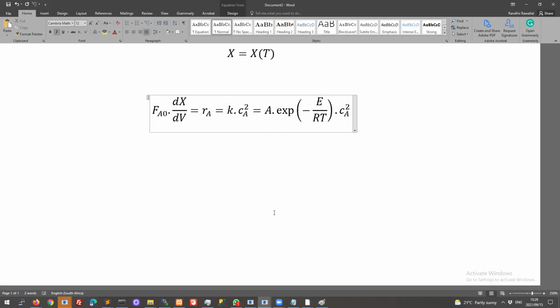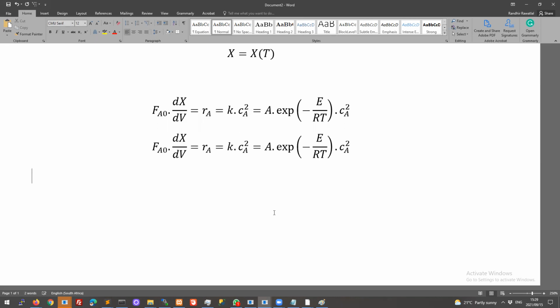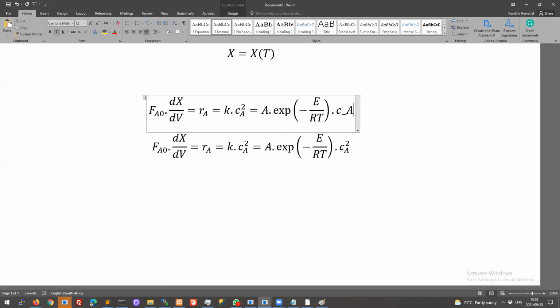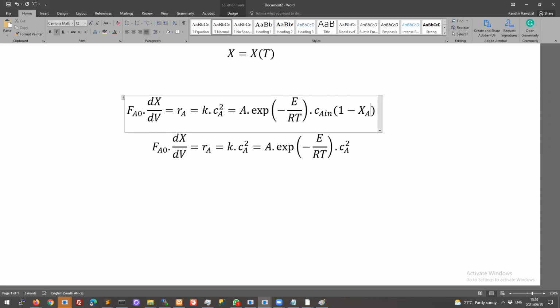So when we look at the balance now, we realize that we have both X and T here. In fact, we should be expanding for C_A as well. So there's a C_A here, which we know we write normally as C_A0 times (1 minus X_A), and all of this needs to be squared.